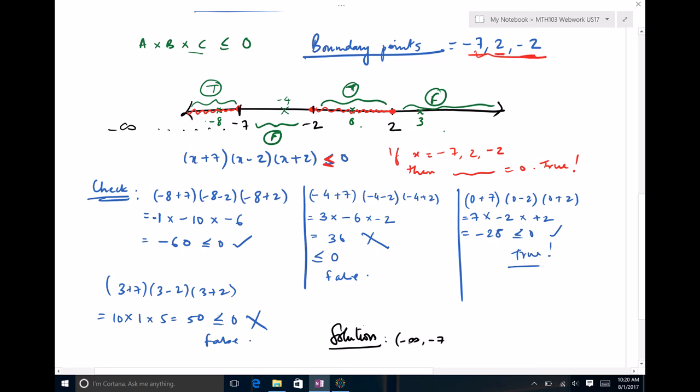Negative infinity will always have an open parenthesis because you can't include it, and negative 7 is included, so we put a bracket. And the next interval is everything from negative 2 to 2, including negative 2 and 2. So everything from negative 2 to 2 in brackets. And then to show that we're combining them, we put a union sign. And that's the solution to your inequality.